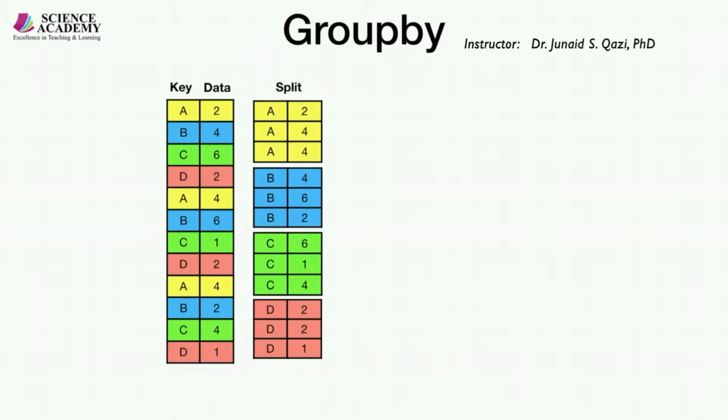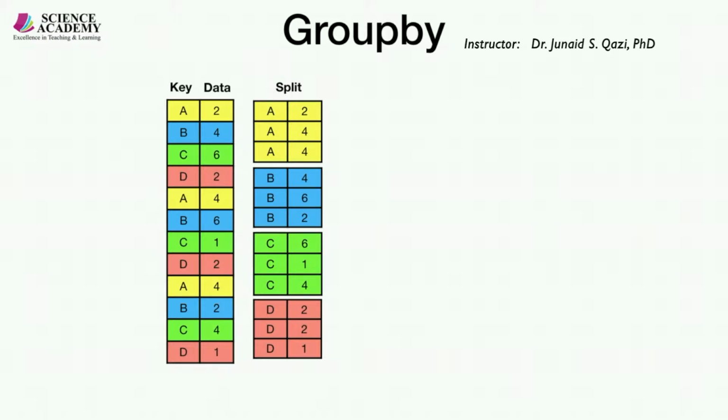In the first step, which is split, the data contained in a Pandas object, such as a series or data frame, is split into groups based on one or more keys that we provide. In our example, we have keys A, B, C, and D. The data is split based on keys and is represented with different colors.